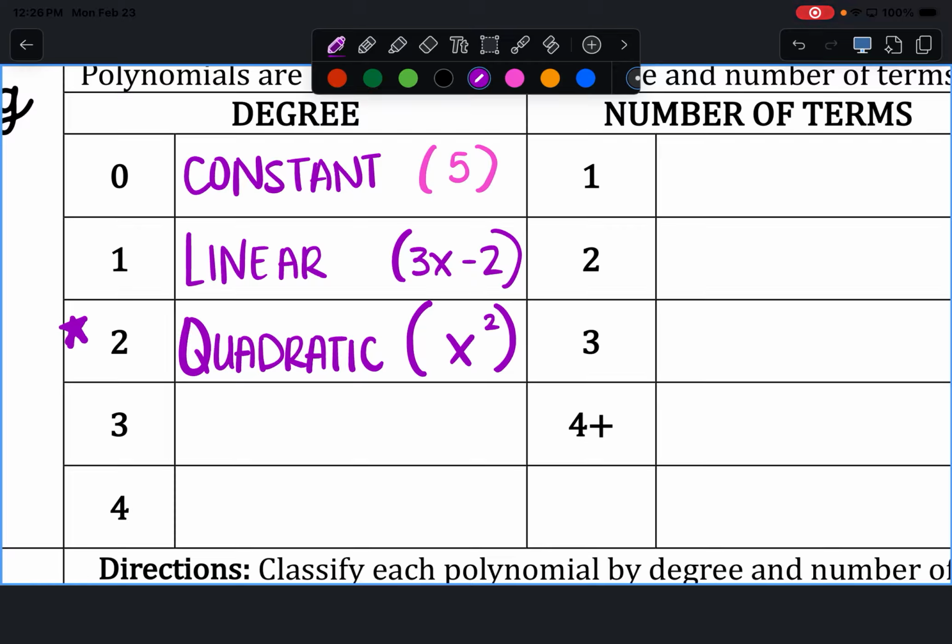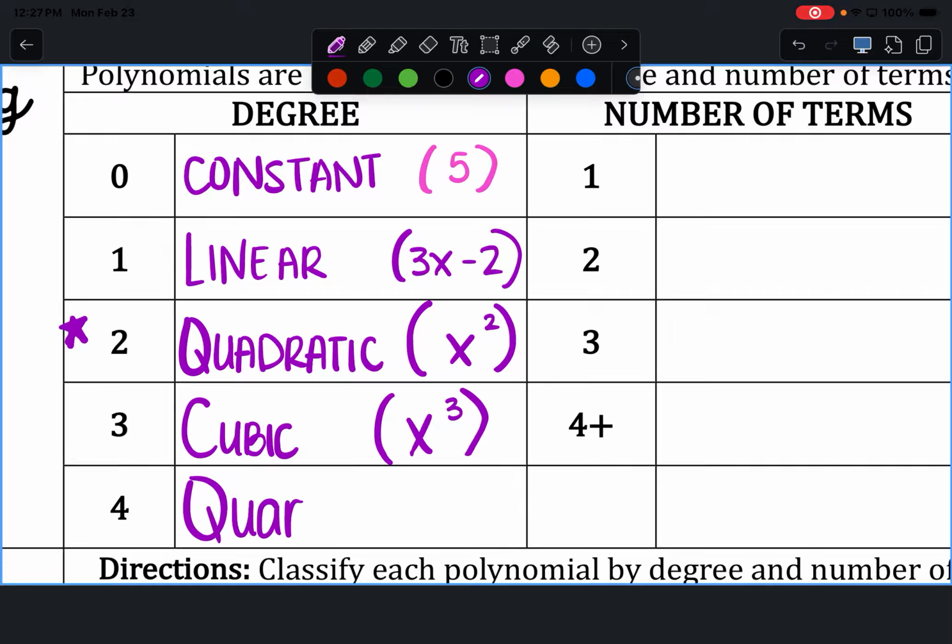Now for number 3, if you have a biggest exponent of 3, it is cubic. That means it is being raised to the 3rd power. If we have to the 4th power, it is quartic. Do not confuse quartic with quadratic.